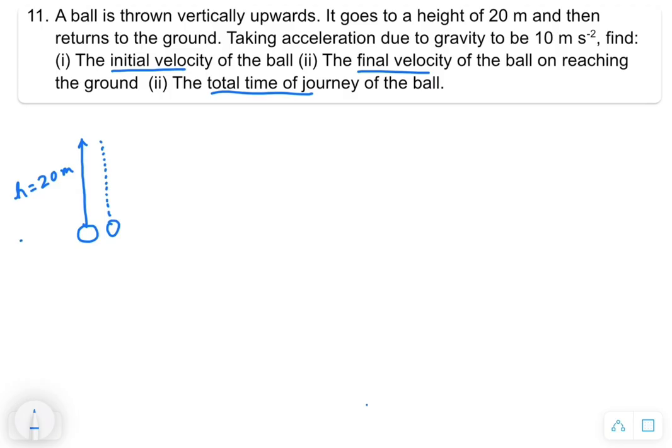We need to find the initial velocity with which it was thrown upwards. We need to find the final velocity just before it reaches the ground, and we also need to find the total time of journey, the total time of going up, reaching the highest point, and then coming back to the ground.